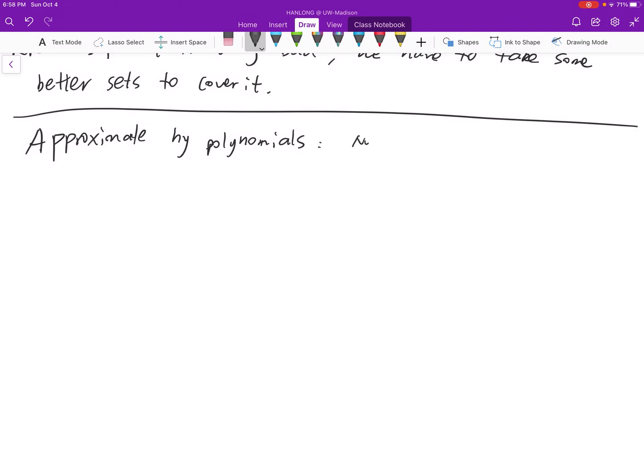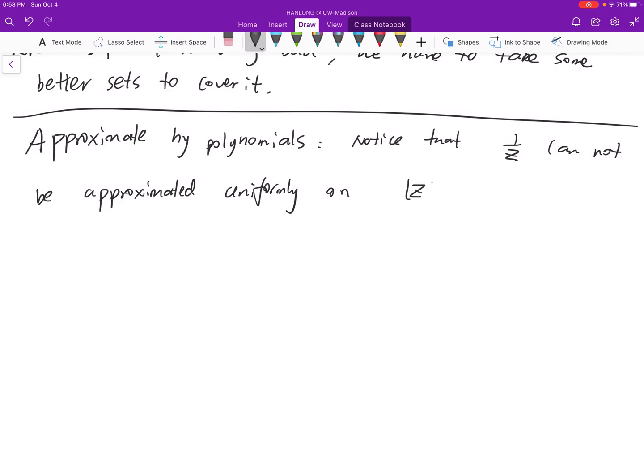So notice that 1 over z cannot be approximated uniformly on the annulus by polynomials.